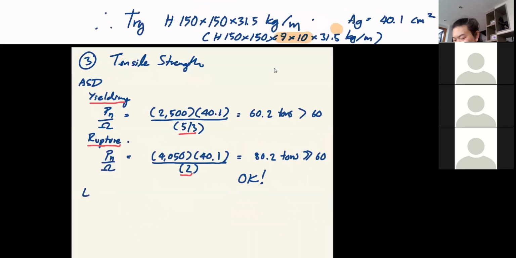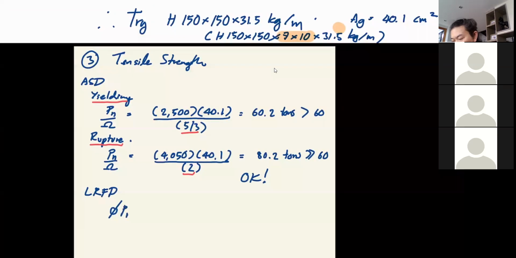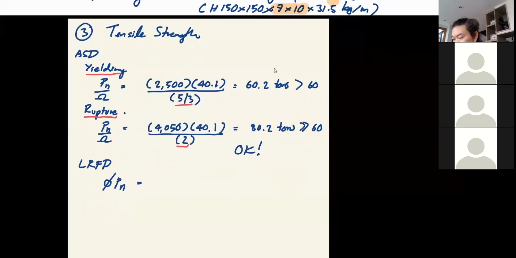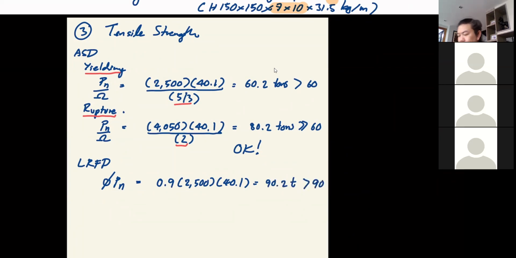LRFD, you can guess now, it's going to be the same thing. Phi Pn is going to be 0.9 times 2500 times 40.1. That gives me 90.2 tons, greater than 90, right?